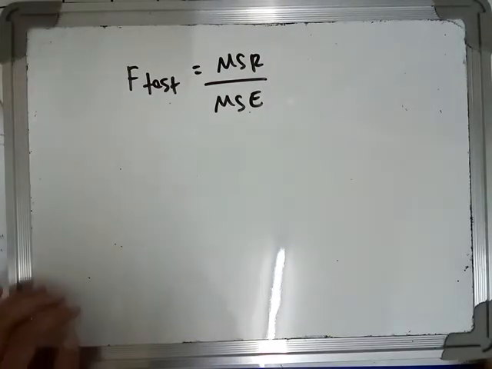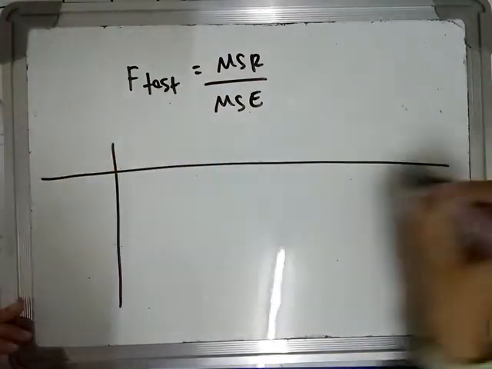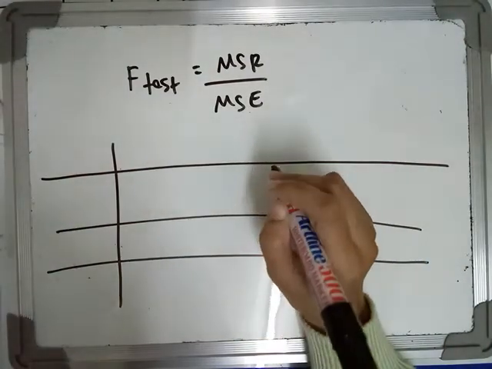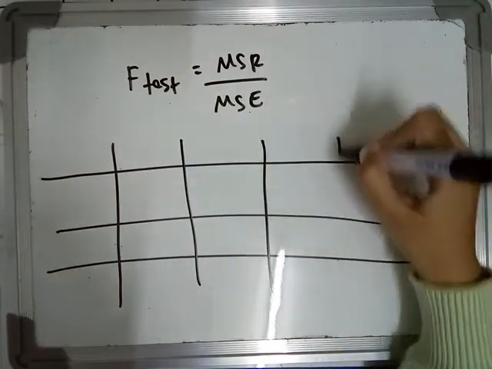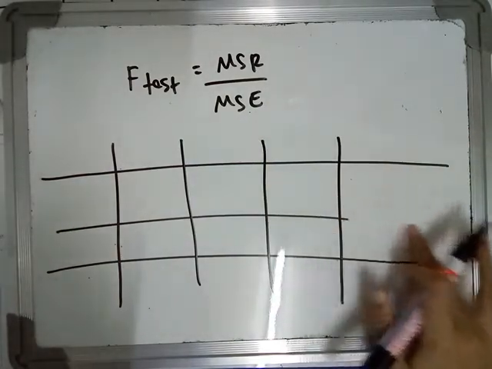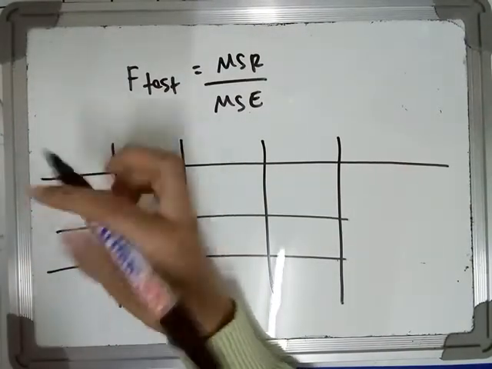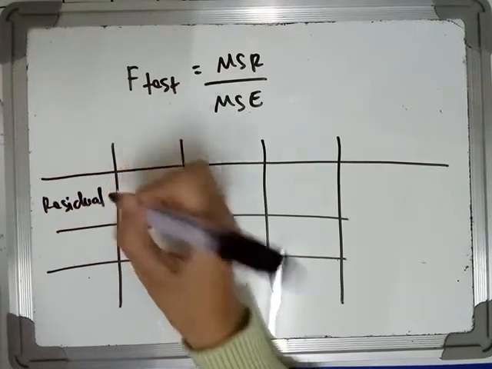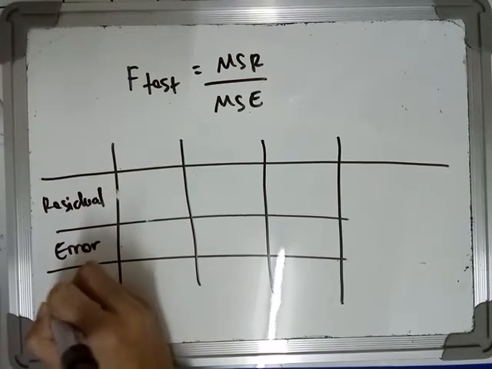So how to calculate MSR and MSE? We need to use the ANOVA table. Look at your notes, there is an ANOVA table there. In the source of variation column, we have residual, error and total.